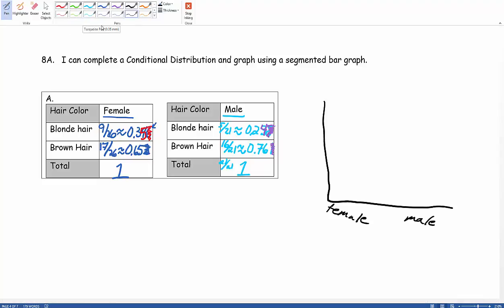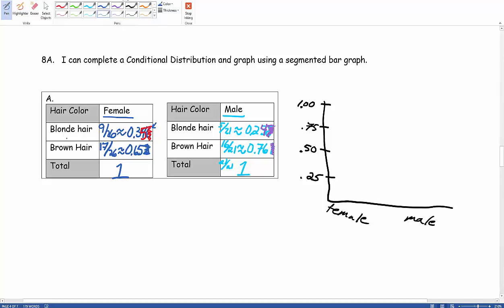Just looking at the females, we know that we have to go up to 100%. So this would be 50 or 0.5. We'll go with the decimals. Here would be about 0.75. Here would be about 0.25.